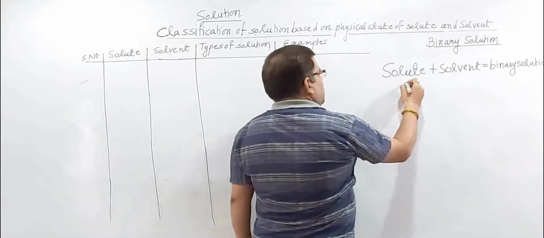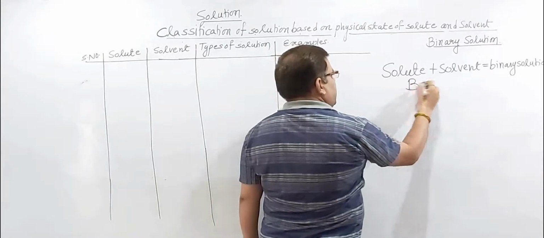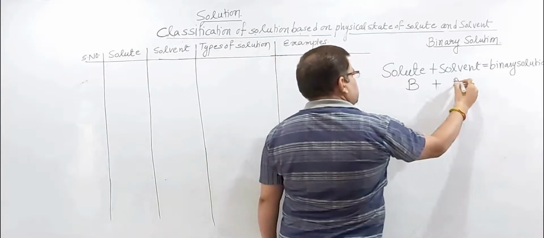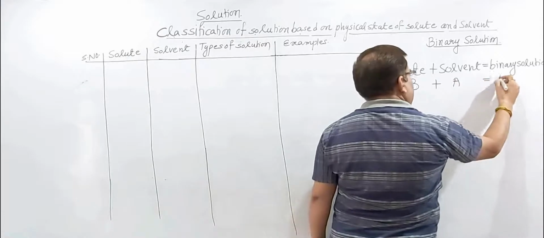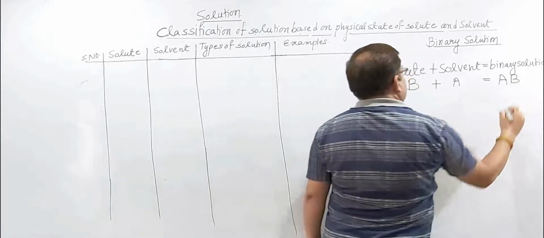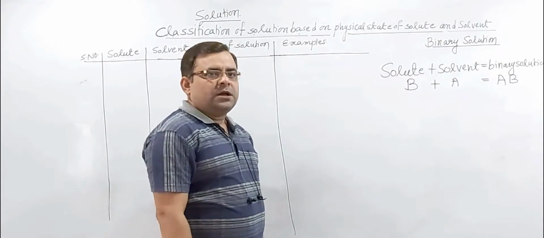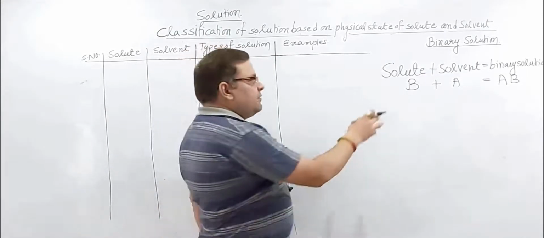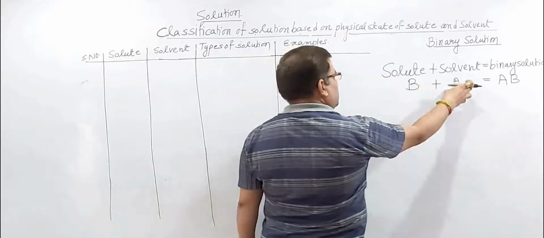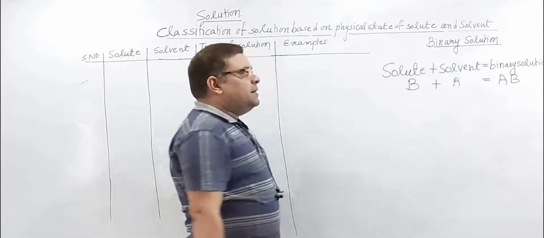Suppose in this solution the solute is B and the solvent is A, then such a binary solution is considered as AB. It is a binary solution. A solution having only one solute and one solvent is called a binary solution.